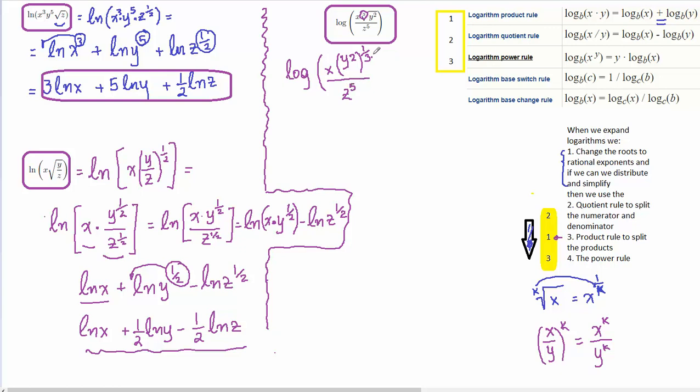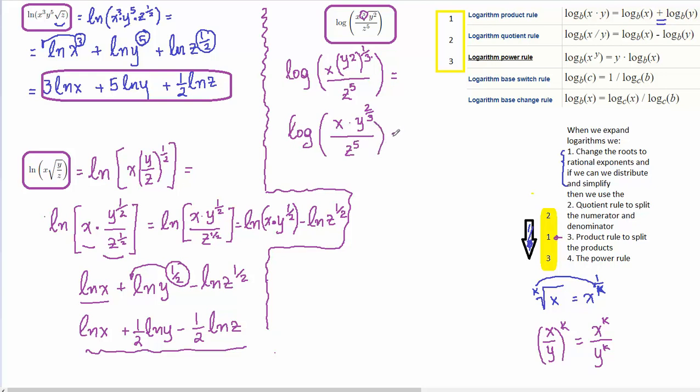And now I can also simplify the power that I have, y to the second to the 1/3. We know that when we have an exponent raised to another exponent, I should multiply those exponents. So I have x times y to the 2/3, 2 times 1/3 is 2/3, divided by z to the 5th.